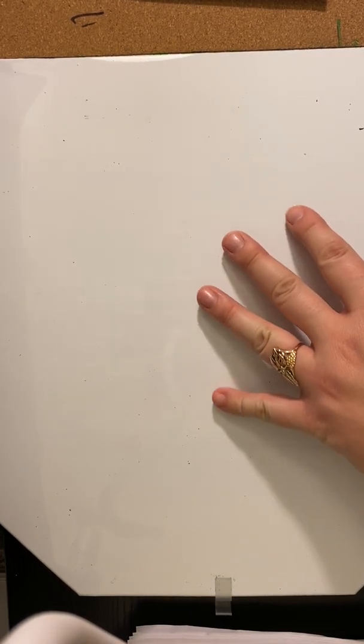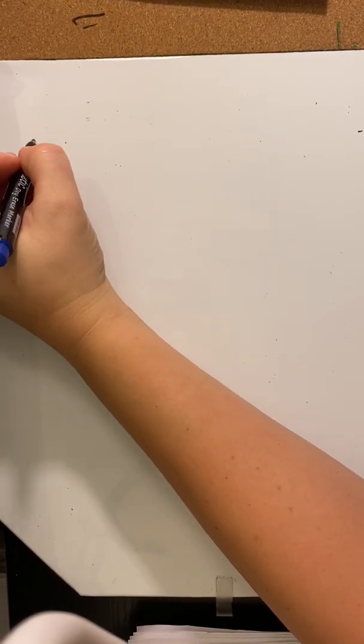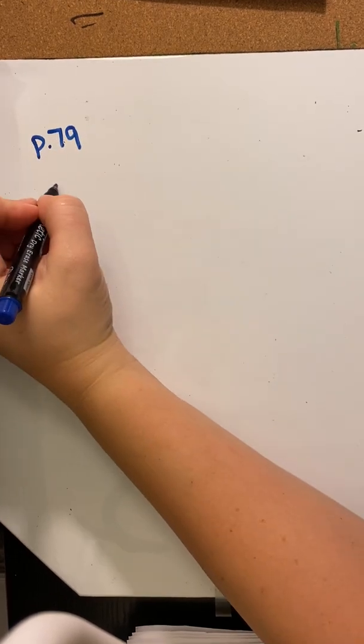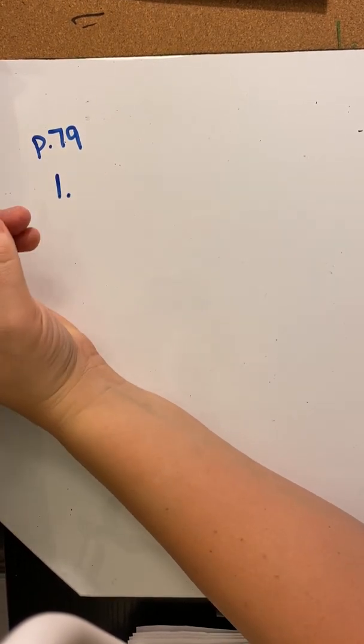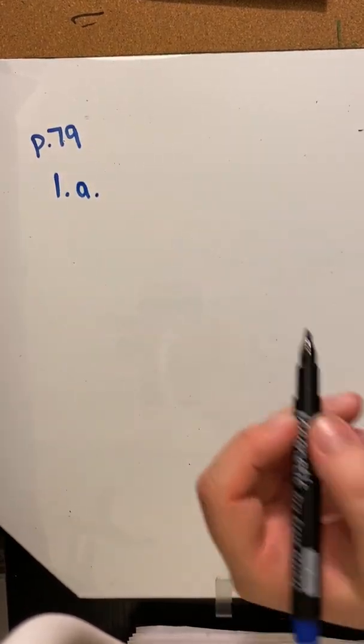Okay. So some of these are going to be able to go right down and subtract without having to borrow, but there will be some that we'll have to borrow from, okay? So for this, we are going to work on page 79, number 1, and we're going to do A, 1A, okay?